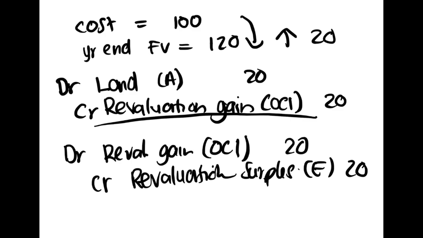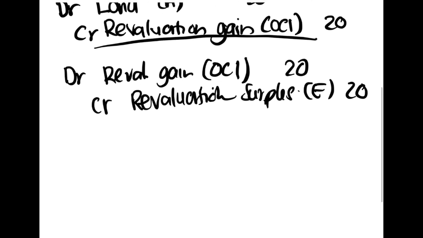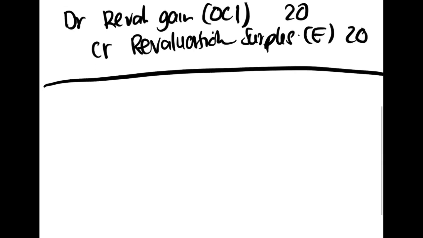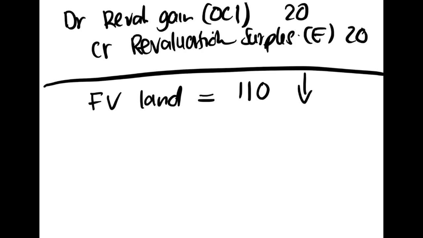Okay, now what happens in the future? So let's say that next year, the fair value of the land now is 110. So at the beginning of the year, it was 120, and now it is sitting at 110. So that means there was a decrease in the fair value of the land of 10. Okay, so in this case, we actually have a revaluation loss.